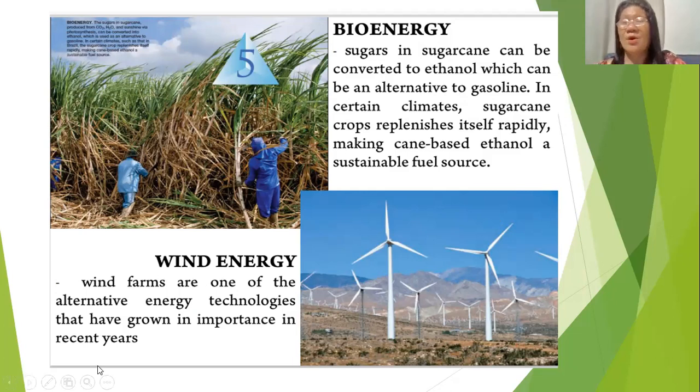One thing also that is a form of renewable energy is known as wind energy. This kind of energy does not have any kind of hazard. This could only be applicable if and when that location or place has a very strong wind.